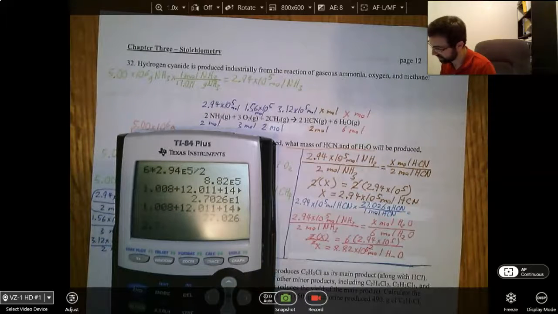We can multiply that out on a calculator. 2.94 times 10 to the 5th, 3 sig figs, this is more than 3, so times 27.026 divided by 1, and we get that big old number.